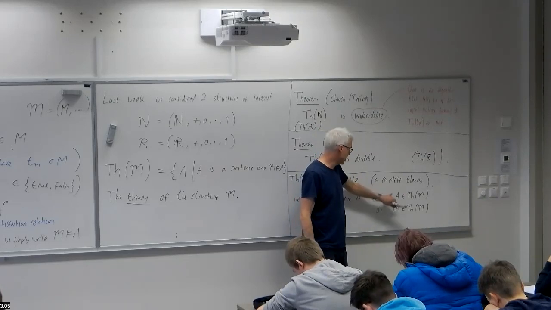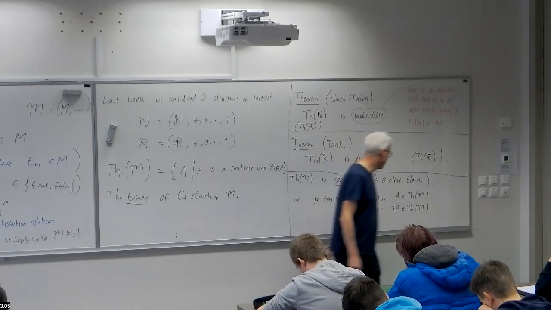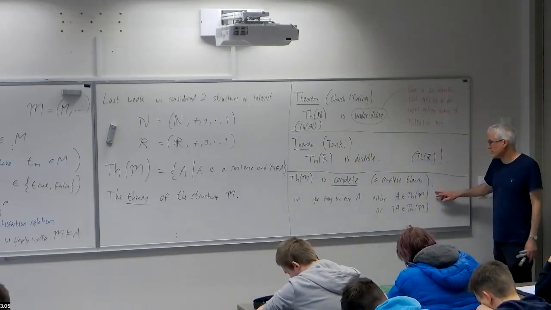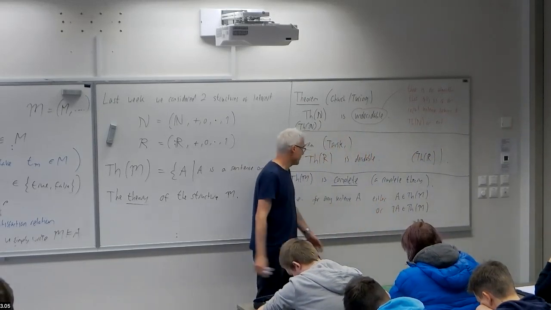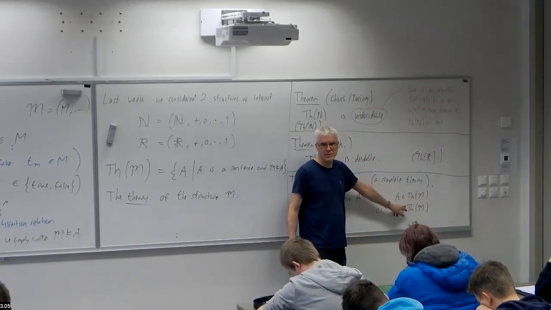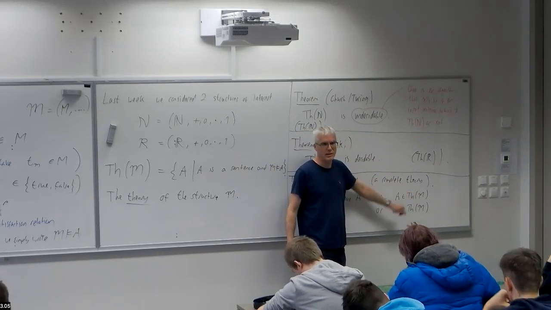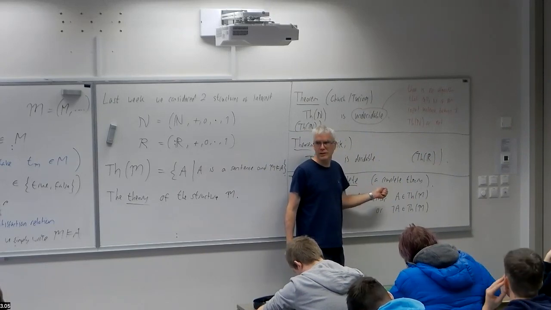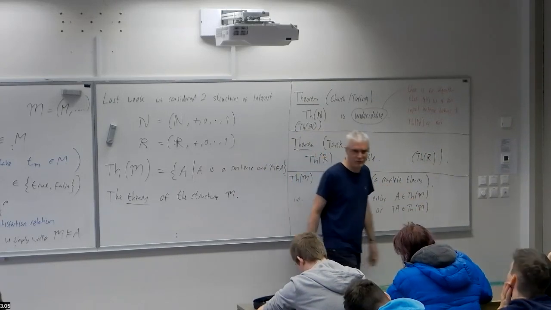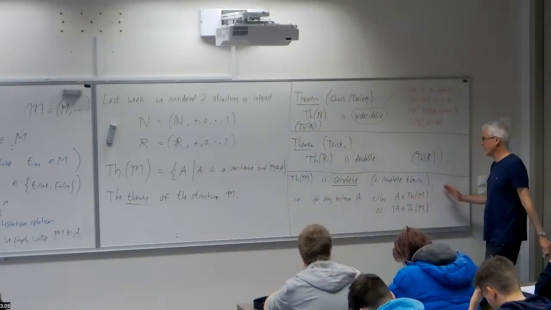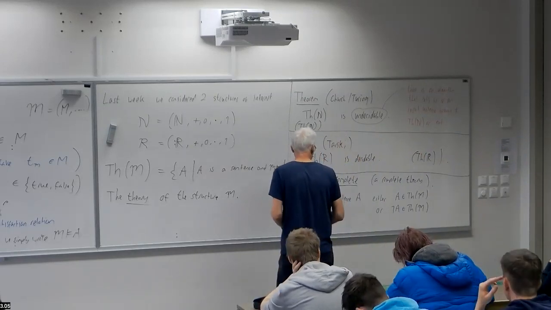Of course, there's not going to be any property that both it and its negation are true in a structure. The reason is simple: we're literally talking about A belonging to the theory of M. The sentence A belongs to the theory of M if it is true in the structure M. And if it is not true in M, then not A is true by definition of not A. So it's basically trivial for the theory of an individual structure.